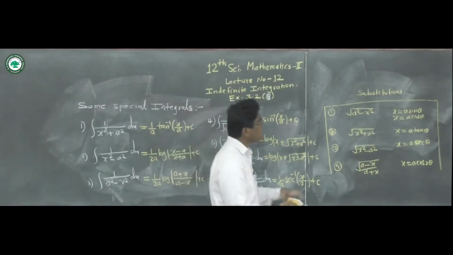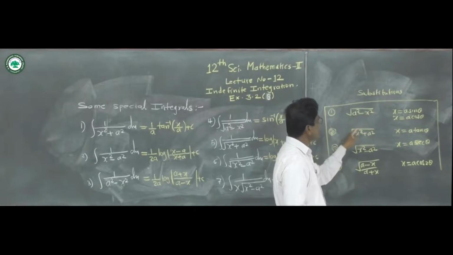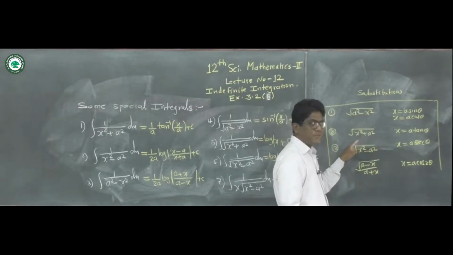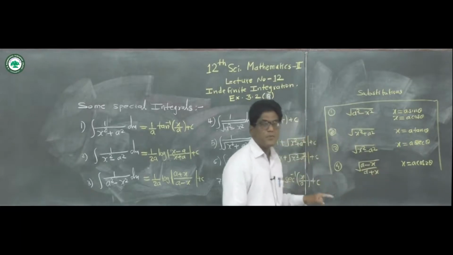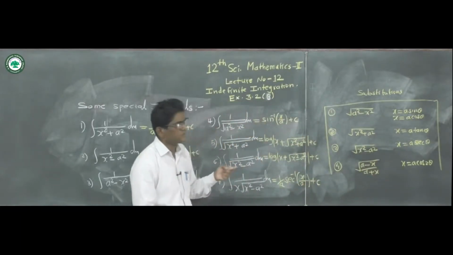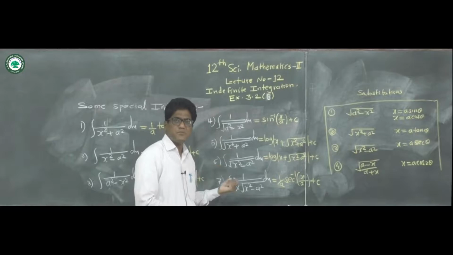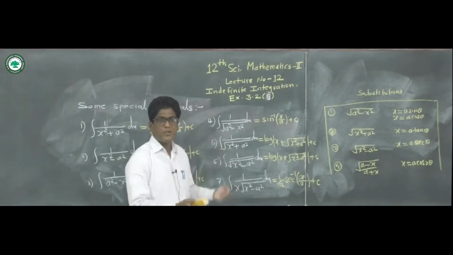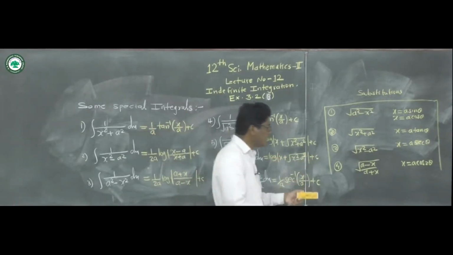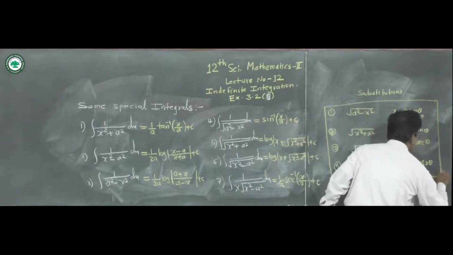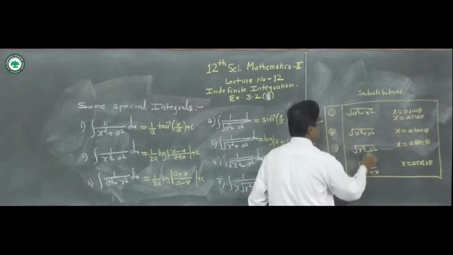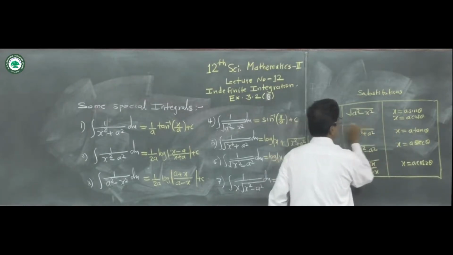But when there is no 1 upon, only root a square minus x square, root x square plus a square, root x square minus a square, or root of a minus x upon a plus x, then we have to use these substitutions. So remember these substitutions also and take a screenshot.